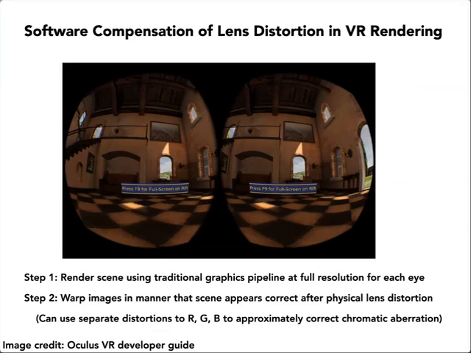This is exactly the same kind of distortion correction concept and geometry that is used in VR rendering in order to compensate for that eyepiece lens distortion. So basically, step one, you render the scene using a traditional graphics pipeline at full resolution for each eye. Then step two, you warp the images in a manner that the scene appears correct after the physical lens distortion, according to the geometry idea that I just described in the previous slide.